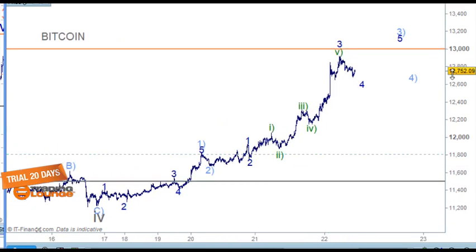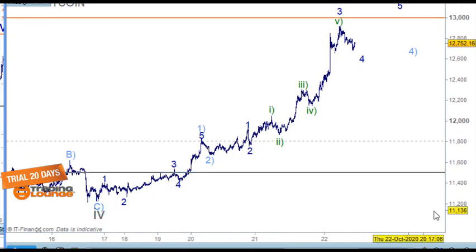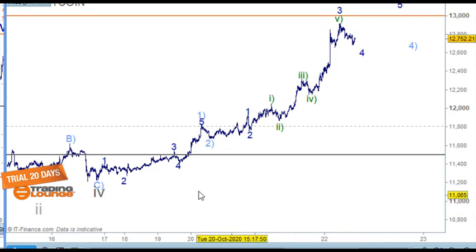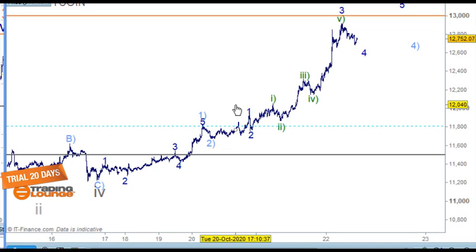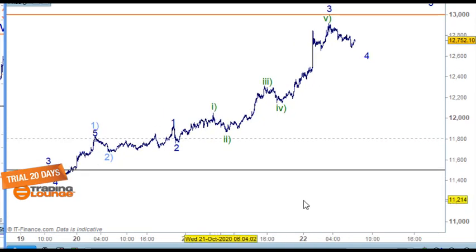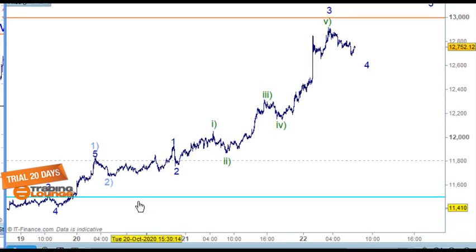As I mentioned the other day when we were counting this to the upside, there were two ways to do it. There was one way that I'd counted each little move in a conservative view, and then there was another way, you can check the last video, that we could extend further up, and obviously we have extended further up. So I'm looking at this as 1 and 2 in here, and 3 and 4 and 5 here for 1 and 2, and then building up here.